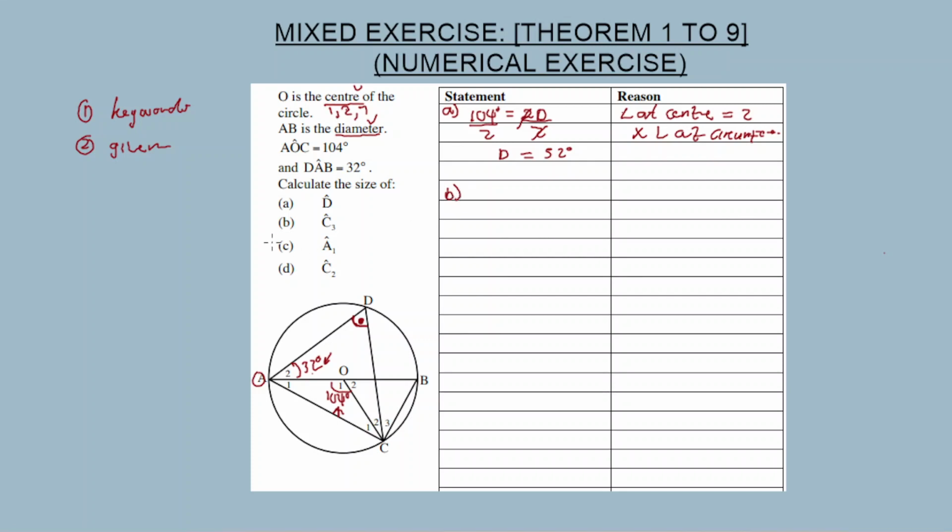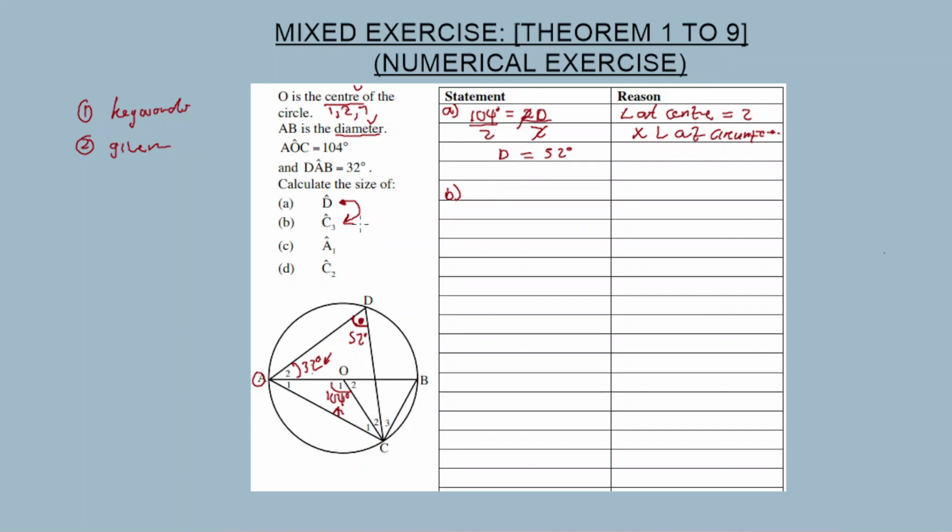Okay, C3. This is the second question now. D is 52 here, right? Remember, you use the given information, then you ask yourself how can I calculate the unknown using the given. Now, since you calculated D, this D can help you calculate C3.